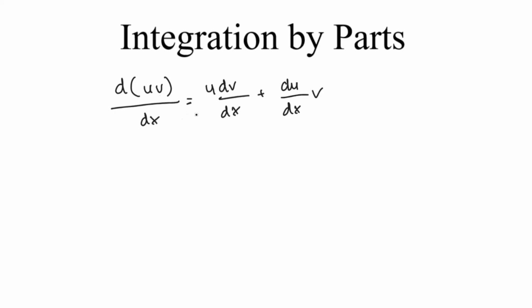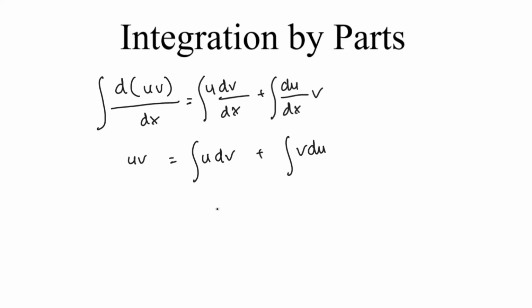So the question is, what if I integrate both sides? If I integrate both sides, the left side is going to be uv, and the right side is the integral of u dv plus the integral of v du.